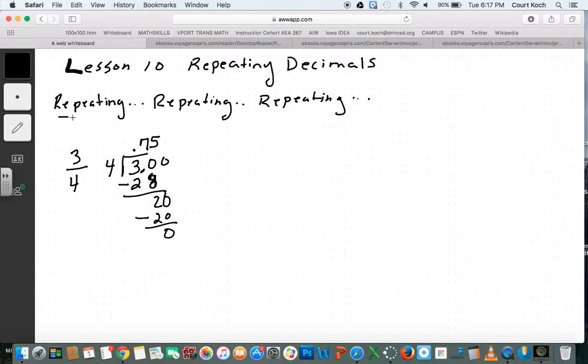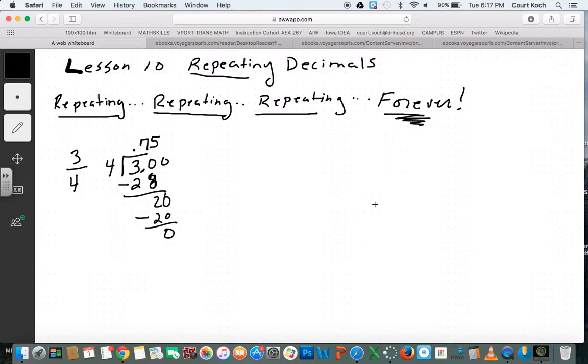But today, in repeating decimals, you know that repeating means it just keeps going on and on forever and ever. That's what repeating means.